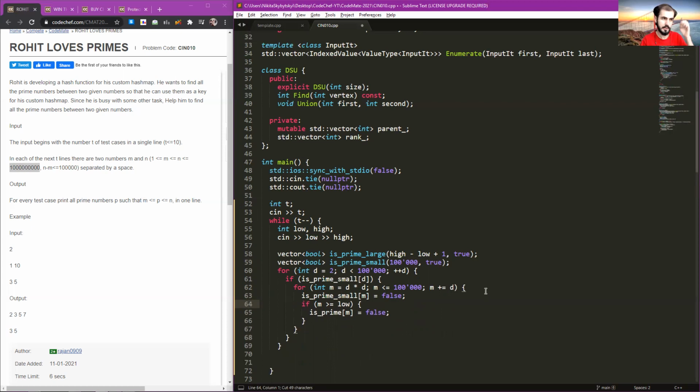I can do it at the same time, okay. No, we can't do it. If D is 2, then we will iterate all. Okay, not a big deal. Here we want to start actually with something like low divided by D multiplied by D. That way we guarantee that we start approximately at low.